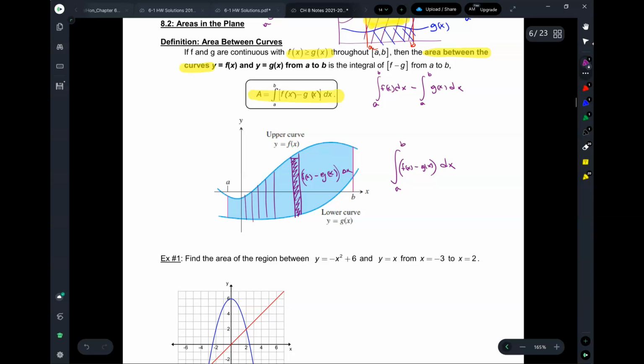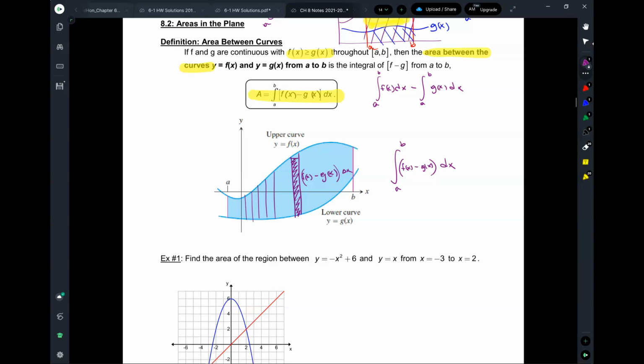So no matter how you look at it, it still comes out to that same integral. Okay? So again, the mechanism is dividing it into strips, and then each strip has height f of x minus g of x, and the base is delta x, dx. Why is the height f of x minus g of x?